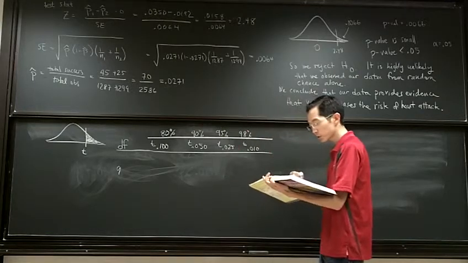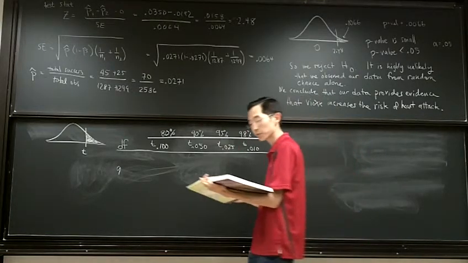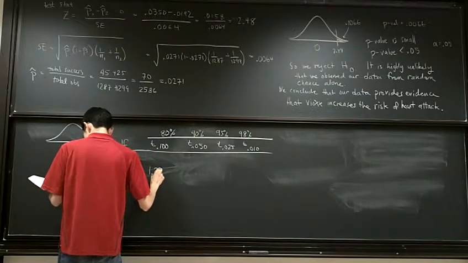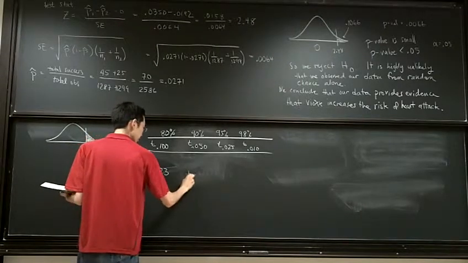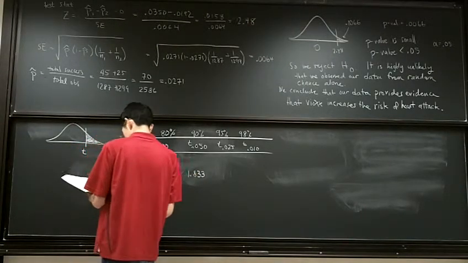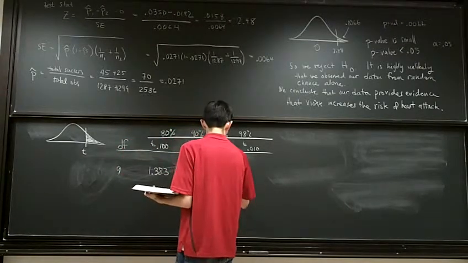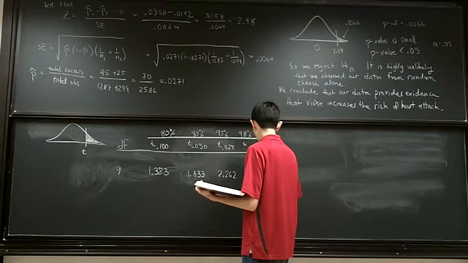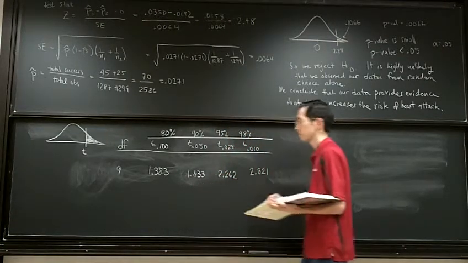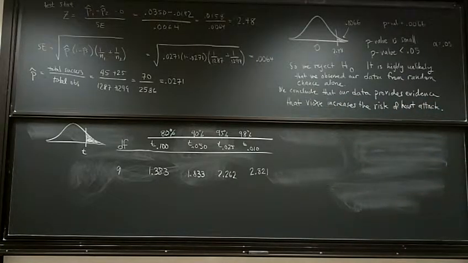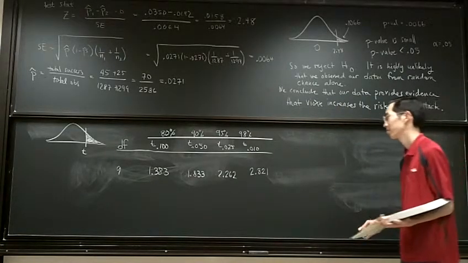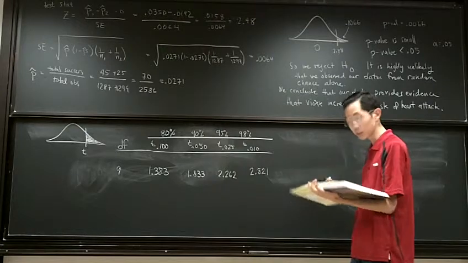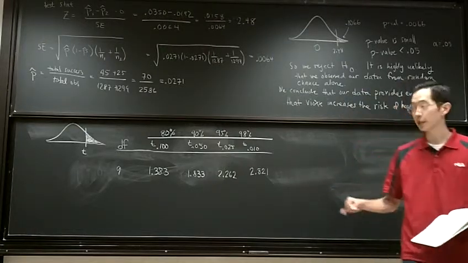I'm just going to copy the numbers from the row that says 9 degrees of freedom: 1.383, 1.833, 2.262, and 2.821.